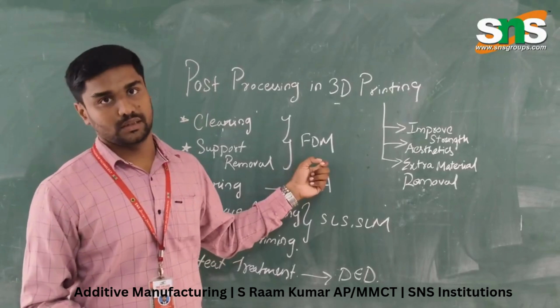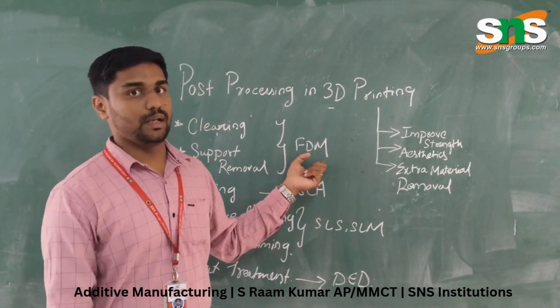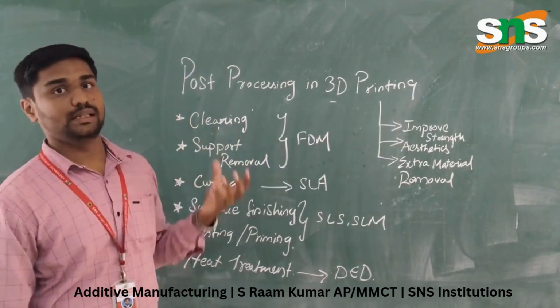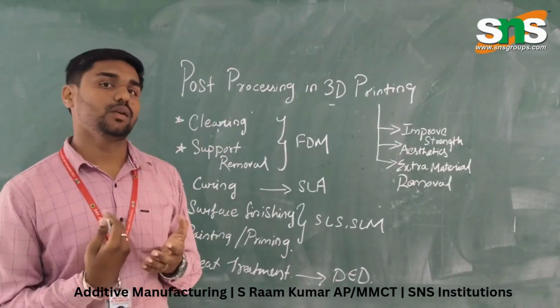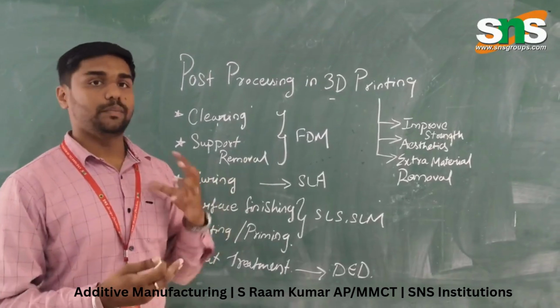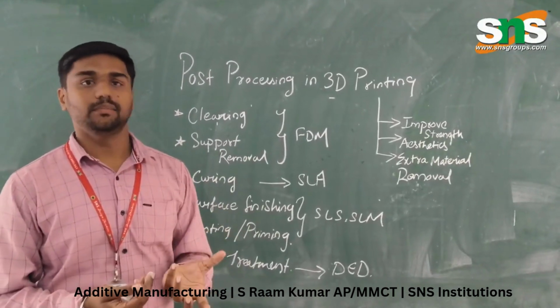FDM is fused deposition modeling, through which polymer or plastic-based components are manufactured. In FDM, first the process will be cleaning. When the product has been printed, it is taken out from the print head, and the support structure has to be removed using the standard sandpaper method.